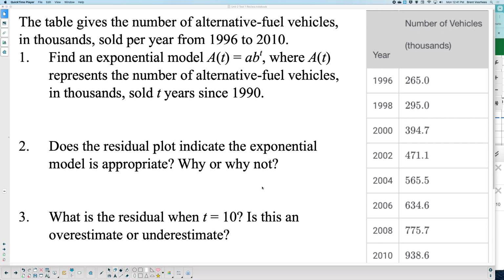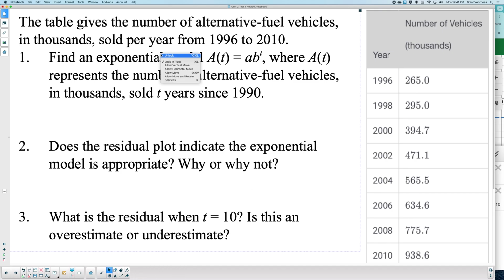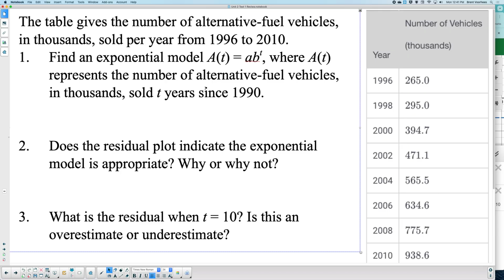Look at some stuff for less than 2-5 and 2-6, calculator problems. It says here the table gives the number of alternative fuel vehicles, and thousands sold per year from 1996 to 2010. Find an exponential model, A of t equals a times b to the power of t, where A of t represents the number of alternative fuel vehicles in thousands sold t years since 1990.